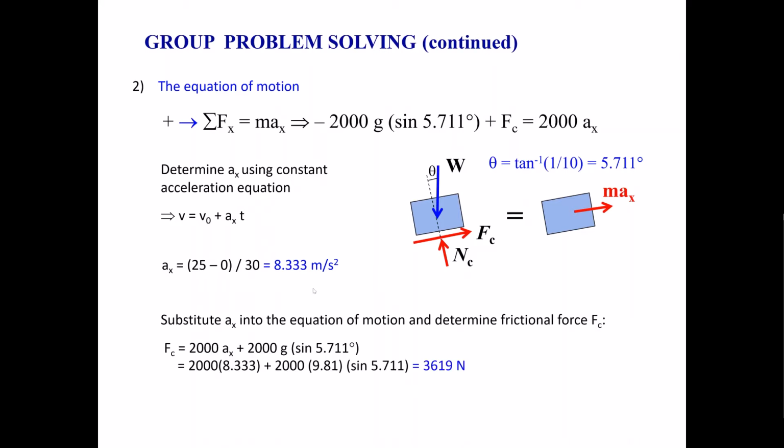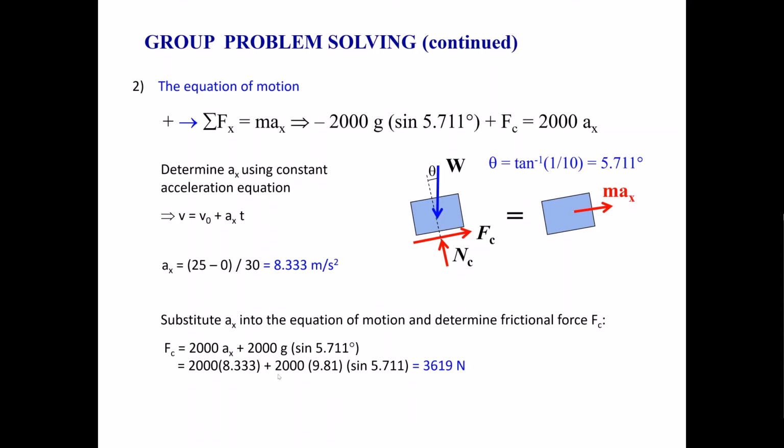Now what we can do is substitute that in. We have constant acceleration in the x direction. We can substitute back into our equation of motion to figure out what that force is, F_C.